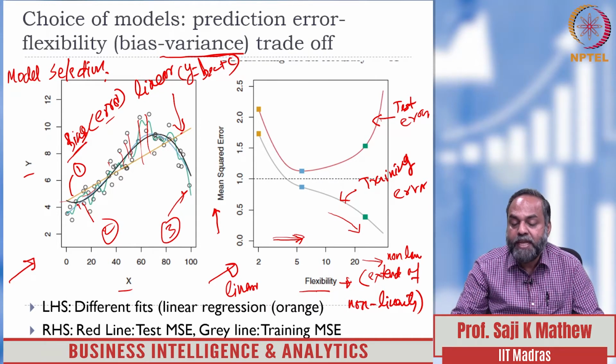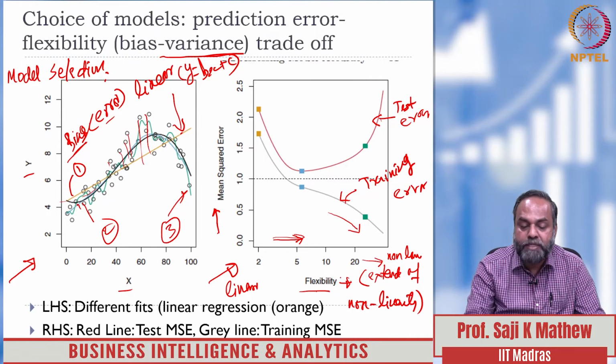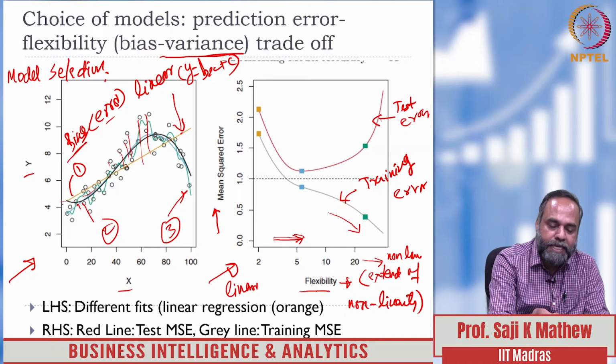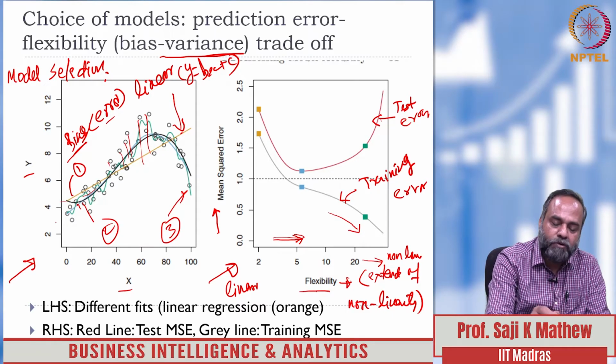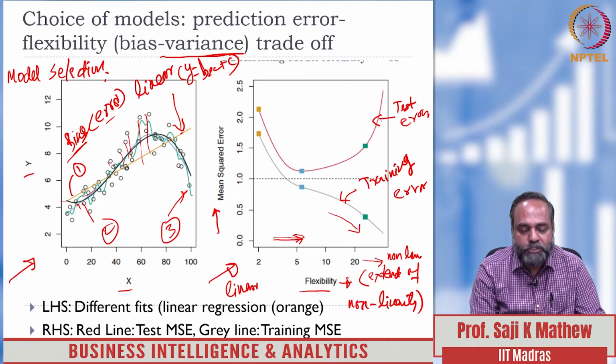The training error continuously decreases as you increase the model flexibility, and that makes sense, because as you make the model more non-linear, it passes through every data point, and therefore the error becomes much less.